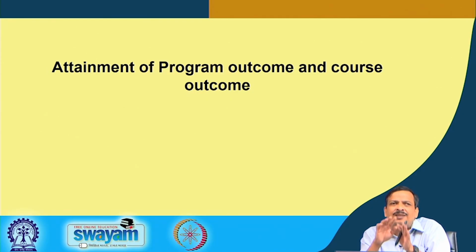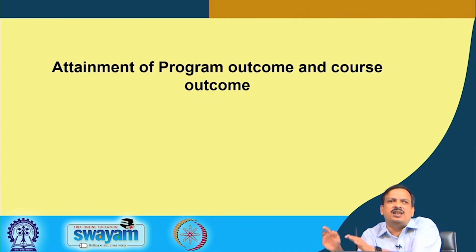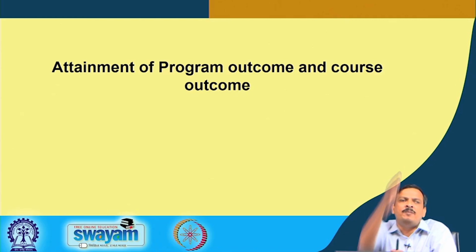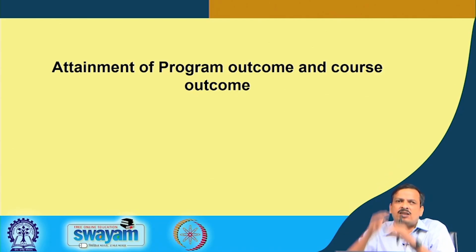So, for a given program, let us say BTech in electronics engineering, we said a BTech engineer is supposed to acquire this skill, this skill, this skill. Some of the skills are domain dependent, some are domain independent.